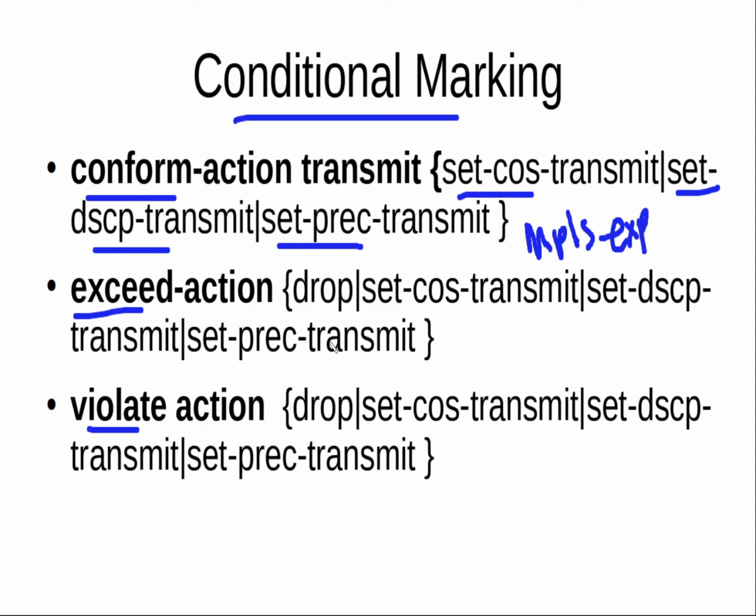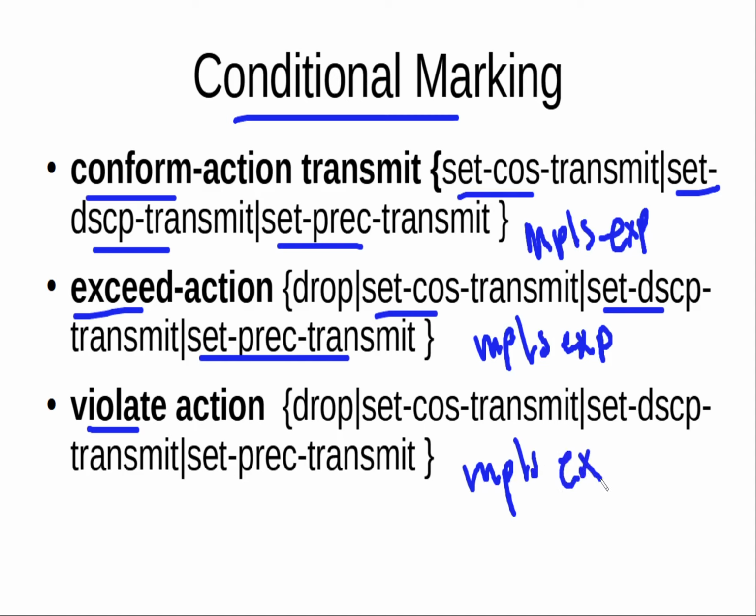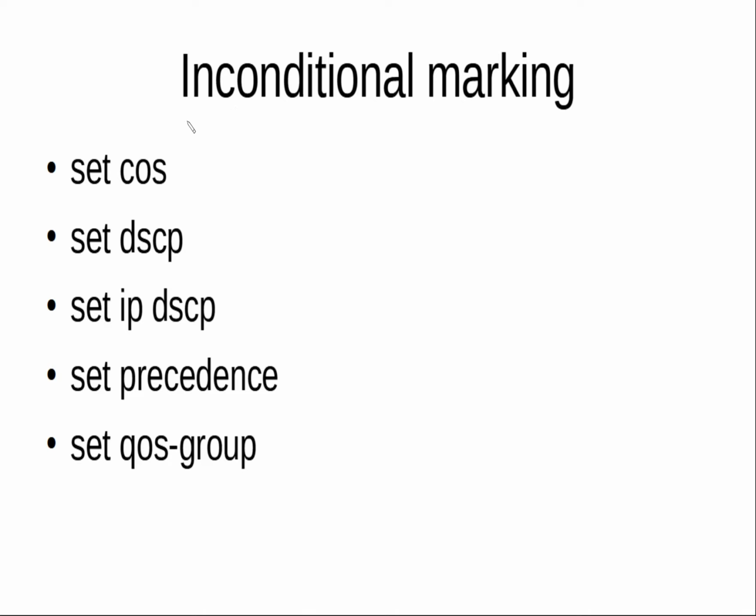For exceeding traffic, I can do the same: set layer 2 markings, layer 3 markings, or MPLS EXP. The same for violate action. Notice that I can choose not to mark the traffic, but to drop it. Now, for unconditional marking, I use the command set. That is a much easier to understand way to mark traffic.